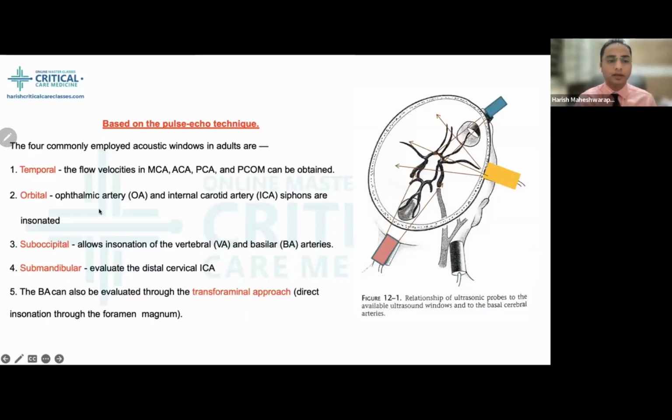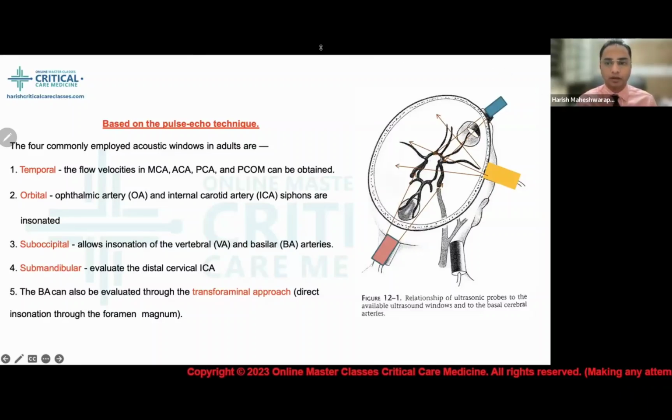The orbital window gives the ophthalmic artery view and internal carotid artery siphons. The suboccipital window allows insonation of the vertebral artery and basilar artery. The submandibular window evaluates the distal cervical branches of the internal carotid artery. The basilar artery can also be evaluated through the transforaminal approach, which is direct insonation through the foramen magnum.